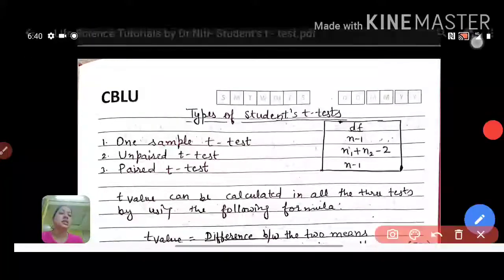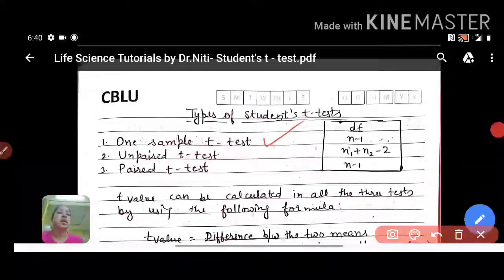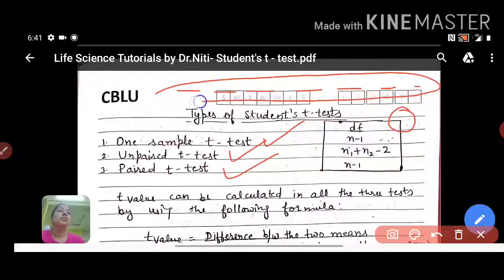Now, types of Student's t-test. Student's t-test is of three types: one sample t-test, unpaired t-test, and paired t-test. In the case of a one sample t-test, suppose you are given the heights of 10 students of class 5th, and you are given a mean height. You have to compare the mean of these heights with that given mean.